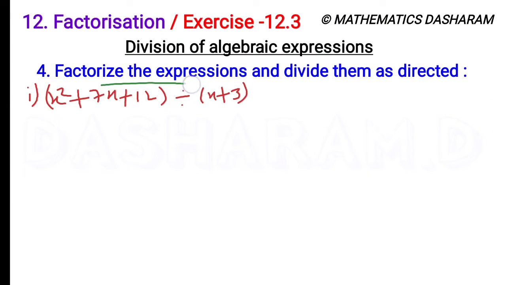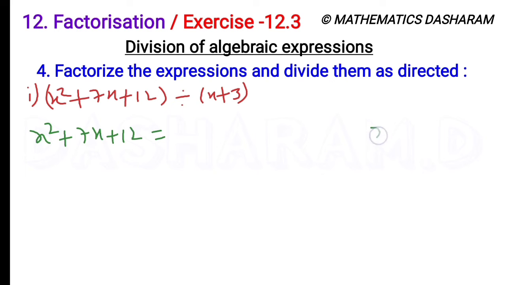Fourth bit. Factorize the expressions and divide them as directed. First question, x square plus 7x plus 12 all divided by x plus 3. So let us do the factorization of x square plus 7x plus 12.